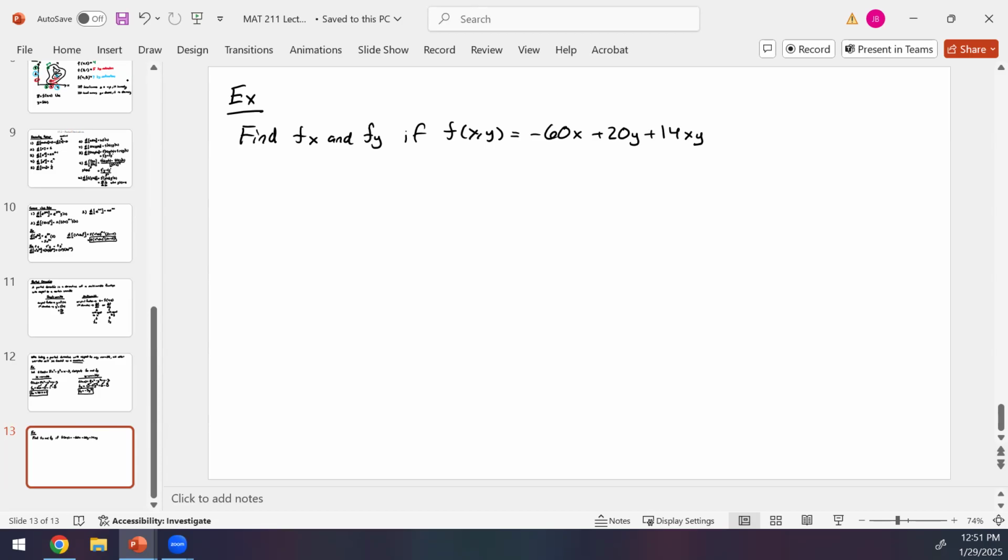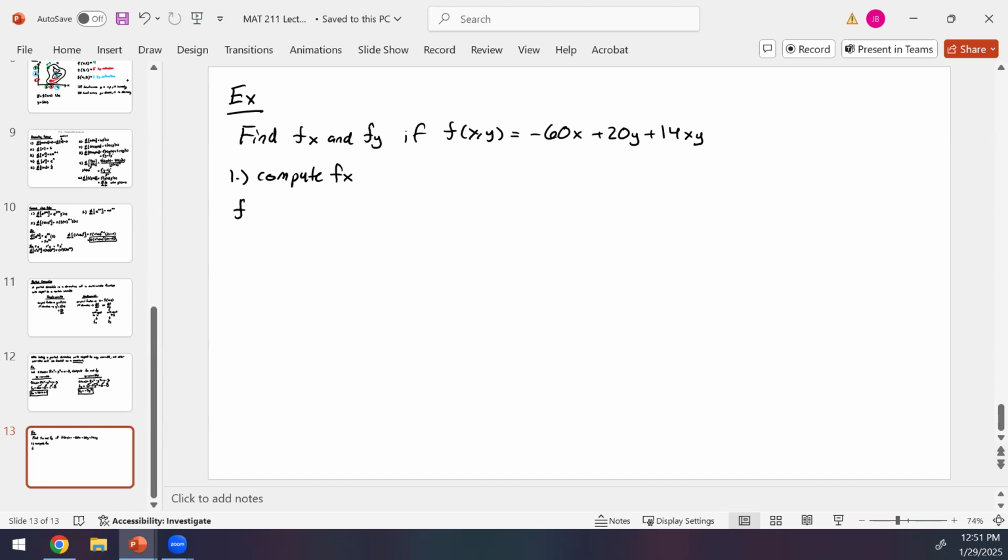Okay? So now we do the same thing. Let's write this in a more step-by-step fashion now. So step 1, I'm going to compute fx. Does it matter which one you do first again? No, it doesn't matter. You can just do whichever one you like.